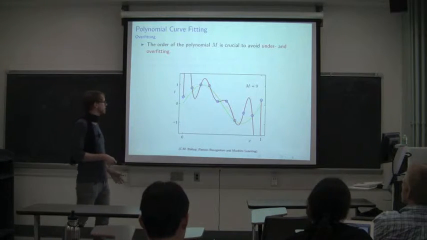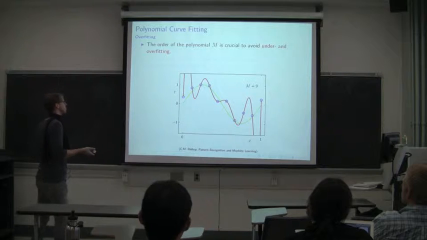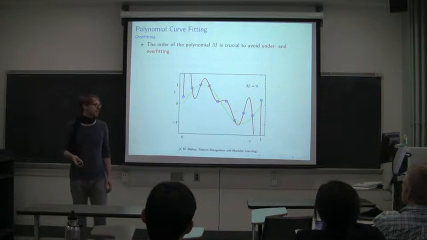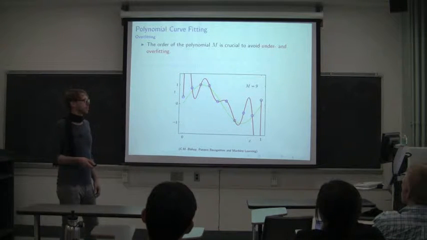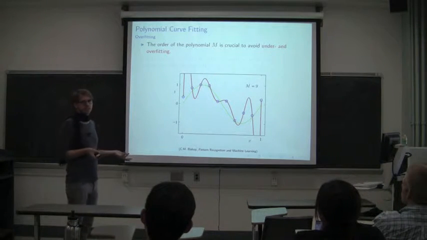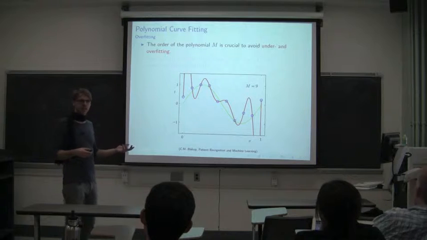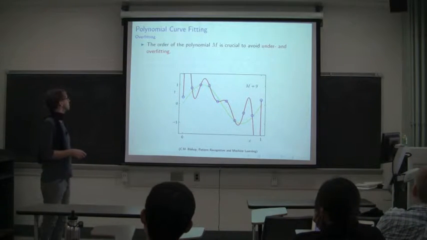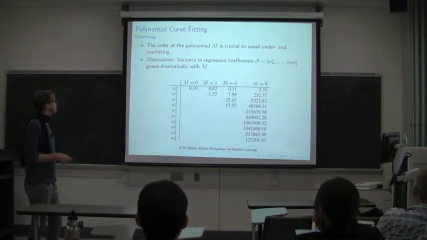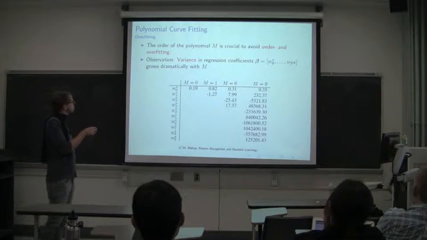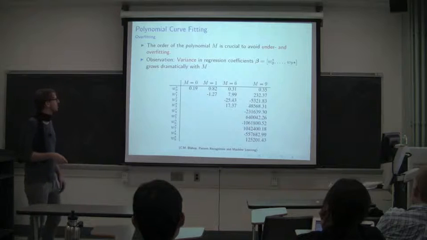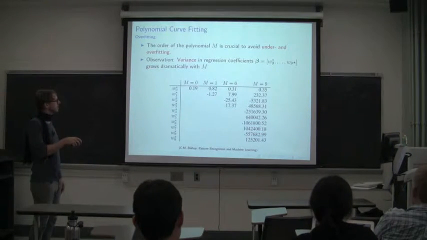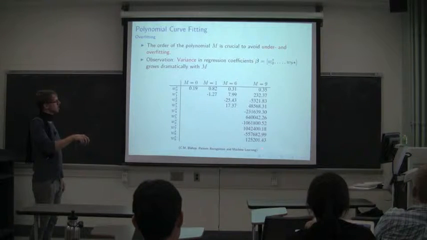But if we increase the polynomial too much, if we increase the number of parameters, the number of basis functions, then we get a perfect fit to our data, but the functions that we get out of it are unrealistic and a little bit ridiculous. One way to describe this degree of ridiculousness is by the variance in the regression coefficients, where we see that the variance goes up dramatically.